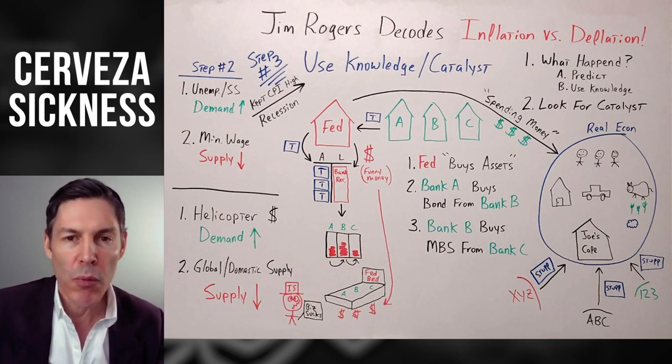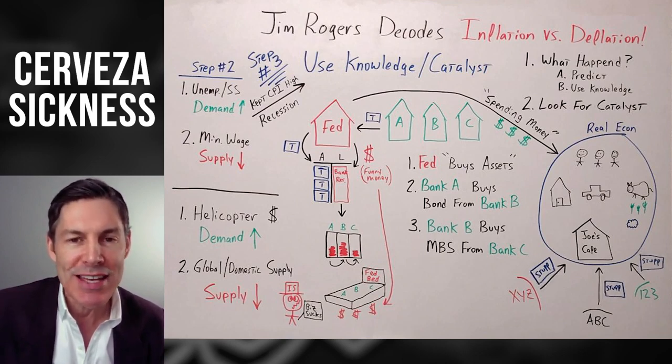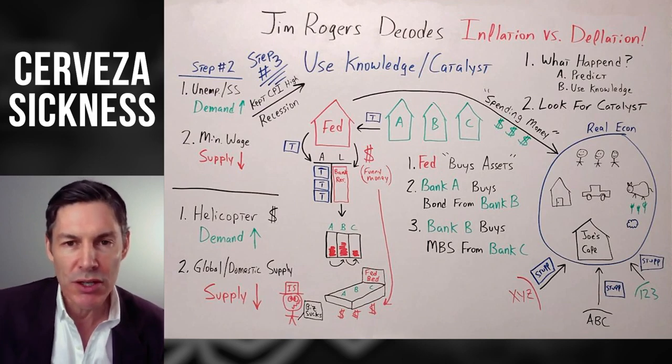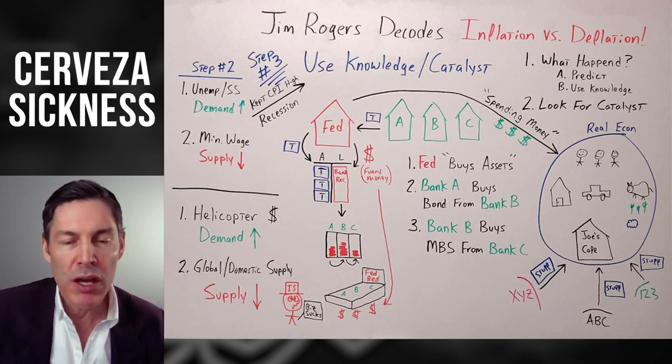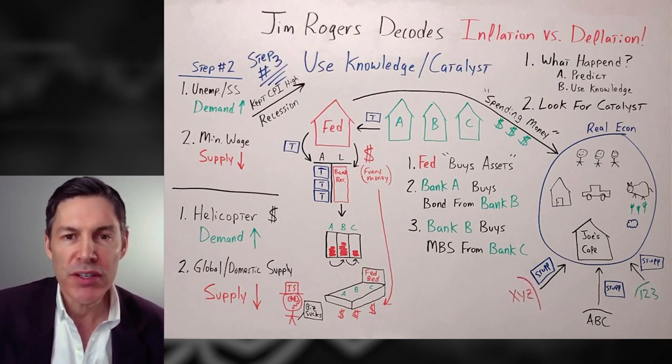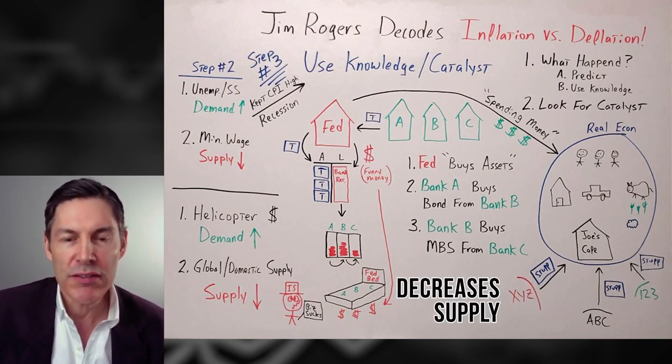And as you know from watching my videos, most of the stuff we consume in the United States isn't produced in the United States. It's produced in country XYZ, ABC, and 1, 2, 3. So if we have fewer countries producing stuff for the United States, it also decreases supply.